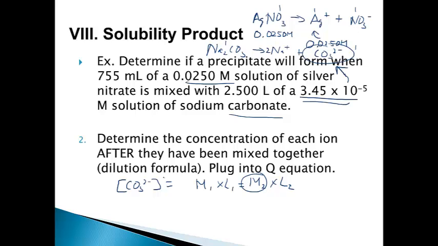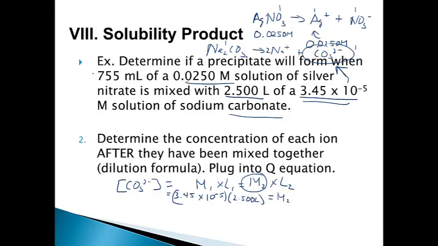It was that. 3.45 times 10 to the negative 5th times the volume, 2.5000 liters, and it's going to be equal to M2, which is what I'm looking for. L2 is the total volume.